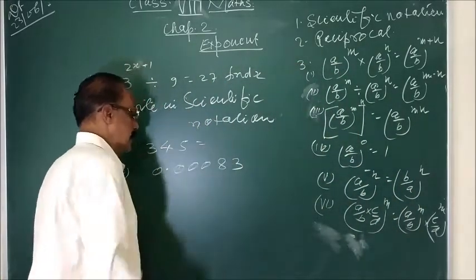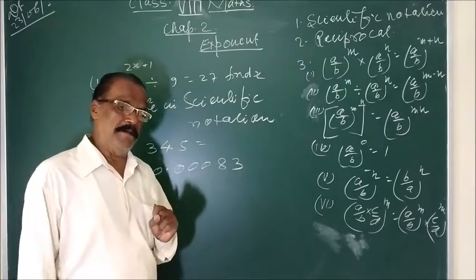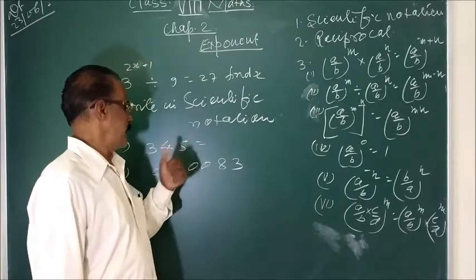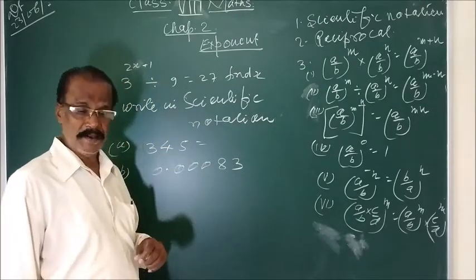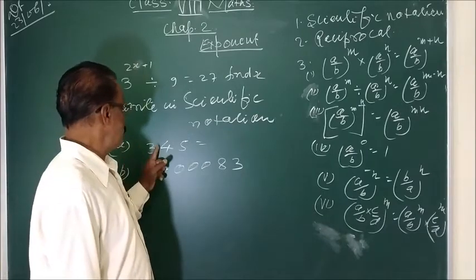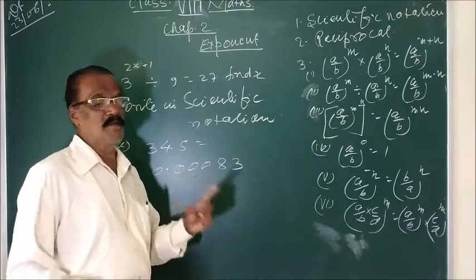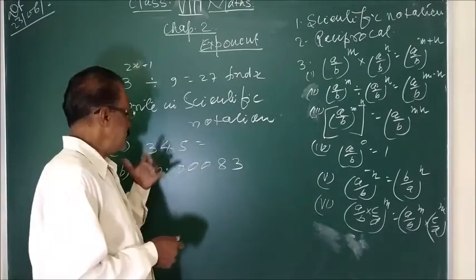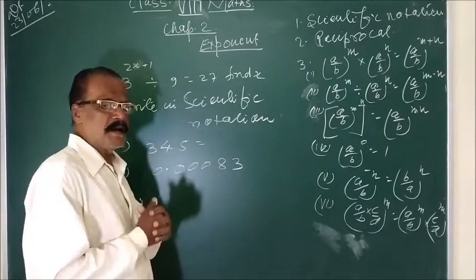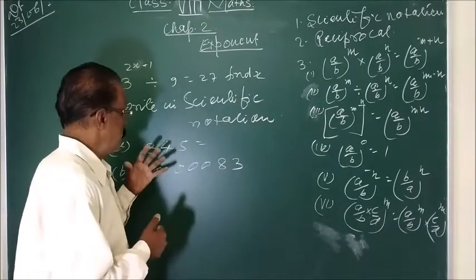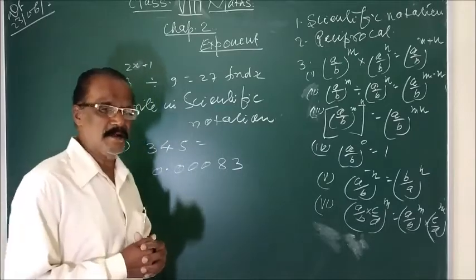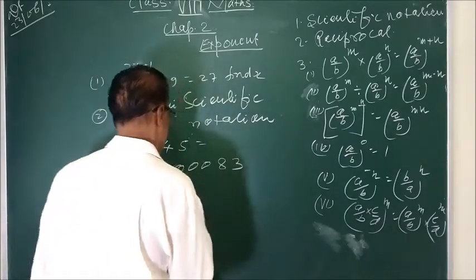Suppose, for example, 345. How will you express it in scientific notation? The whole number should be between 1 and 10, and the other part you have to write in the form of a power of 10.